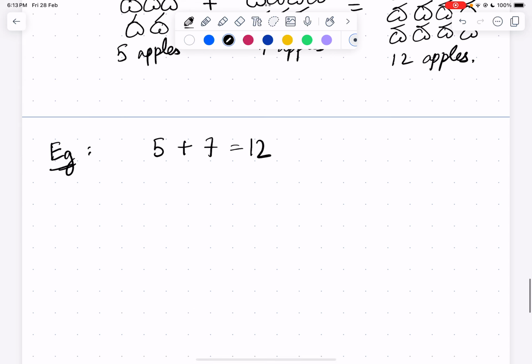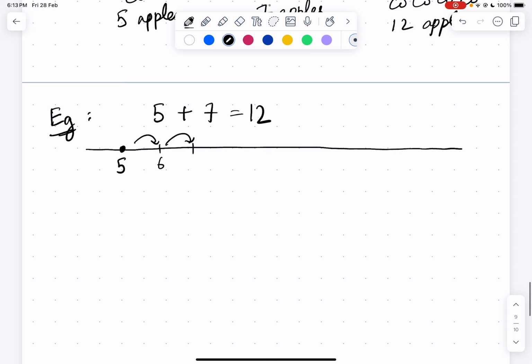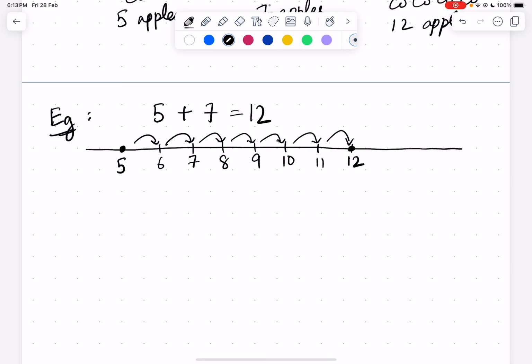If you start at 5, you can also interpret 5 plus 7 equals 12 in this way. If you start at 5 and you move 7 units to the right of 5, then you get to 12.